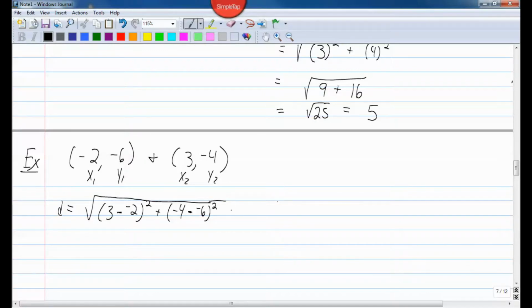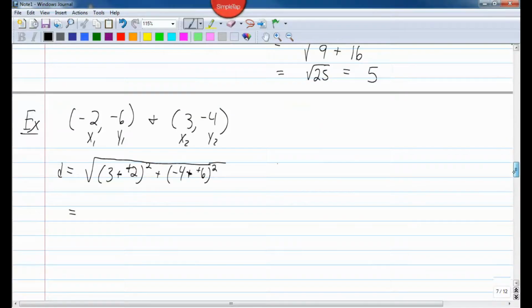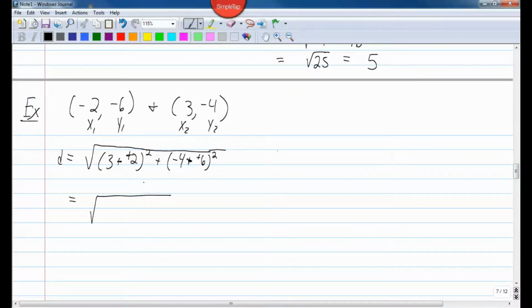So I have a lot of negatives in there. Anywhere you have minus a negative, make that plus. Alright, and so that's equal to the square root of 5 squared plus 2 squared.